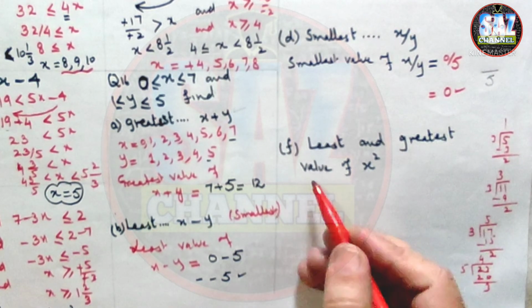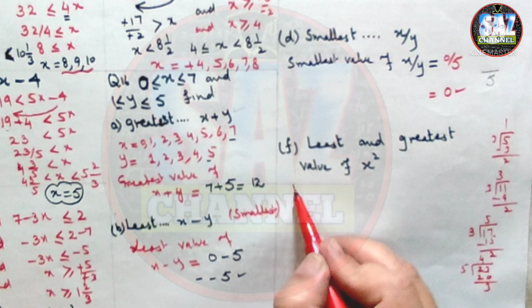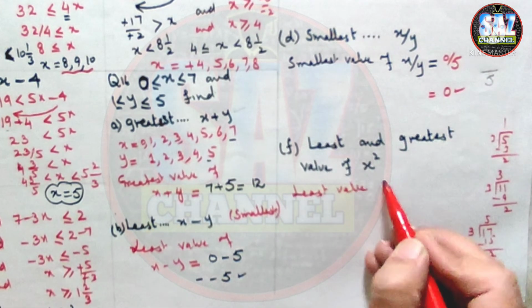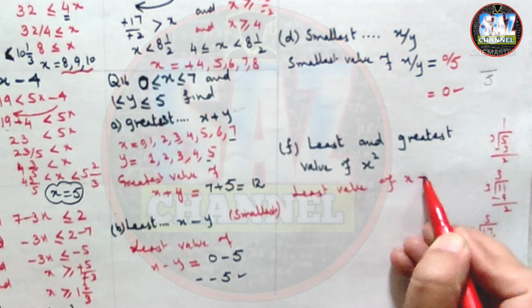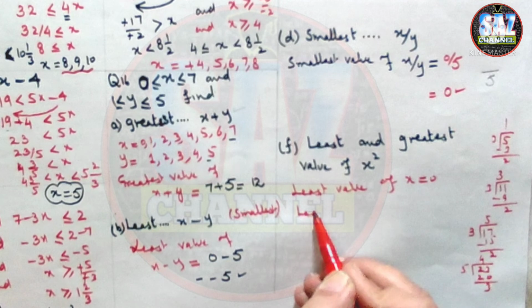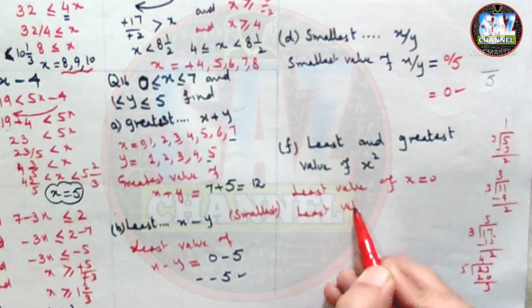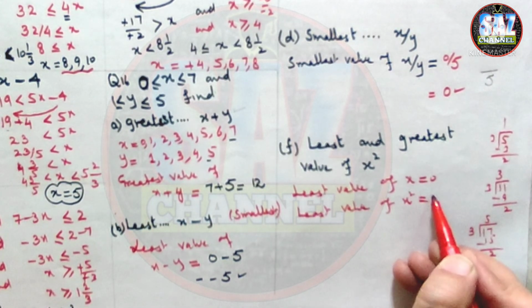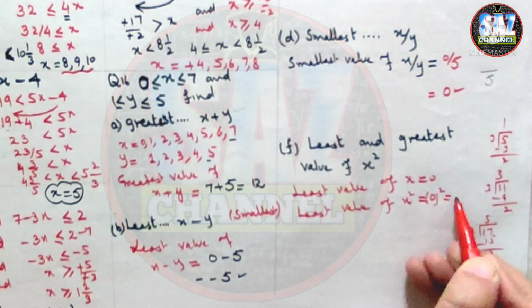And the least and greatest value of x square. So the least value of x is 0, so the least value of x square is again 0 square, which will be equal to 0.